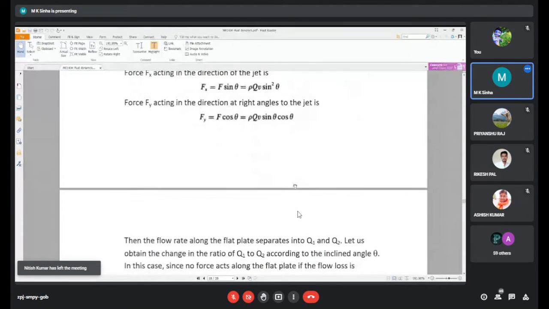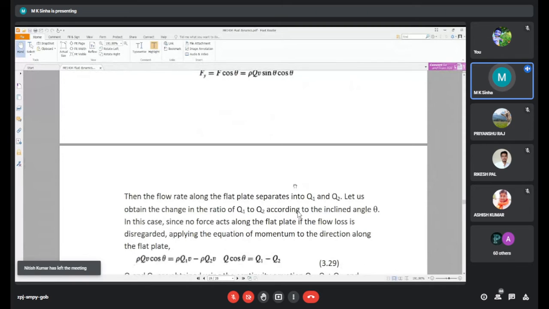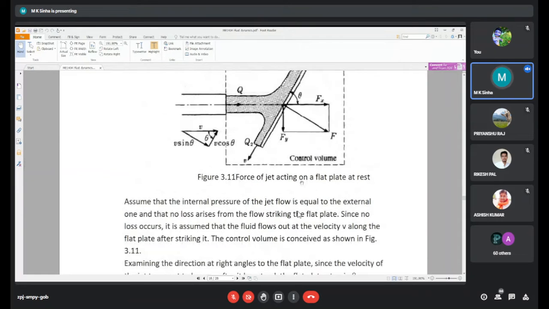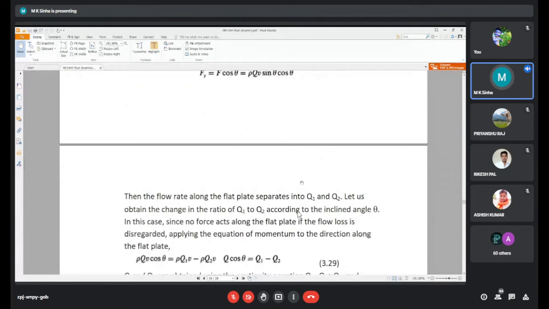Then the flow rate along the flat plate separates into q1 and q2, as given here, and the ratio depends on the inclination angle.